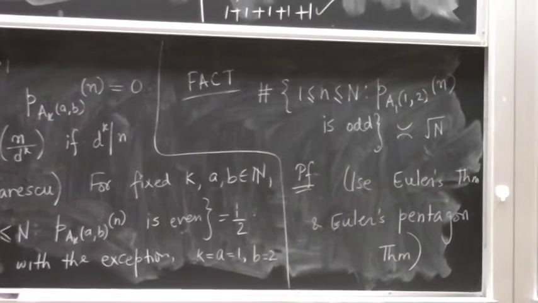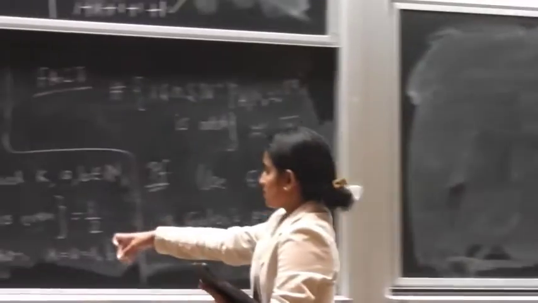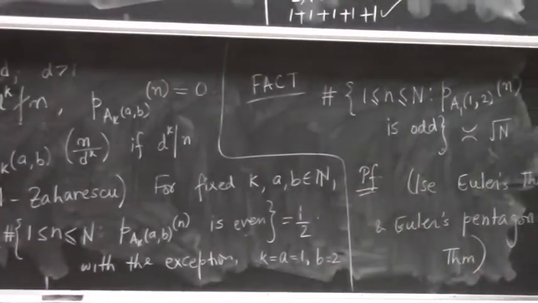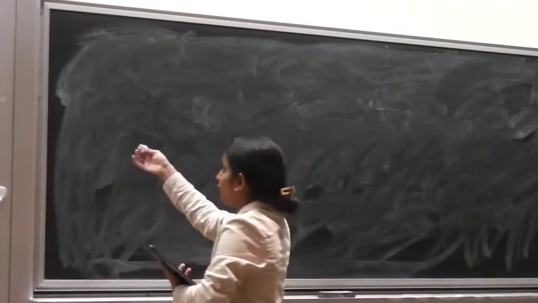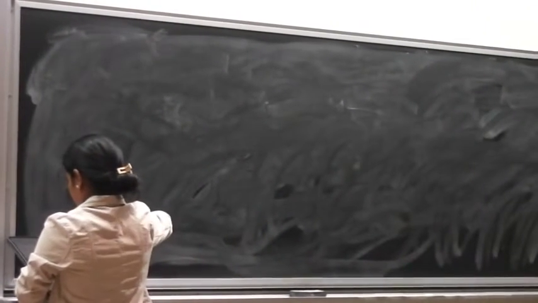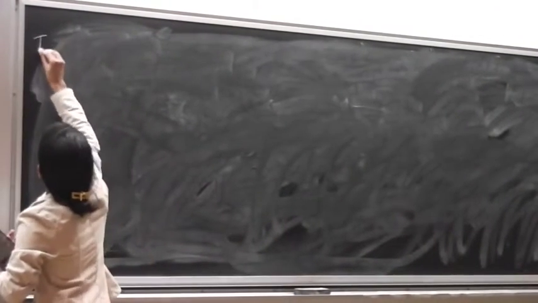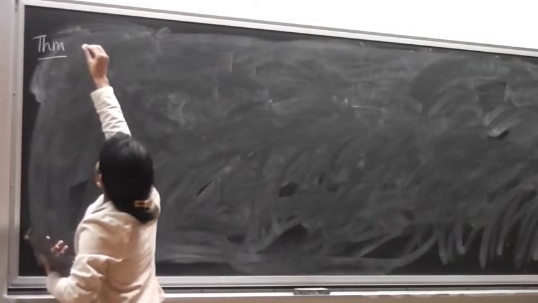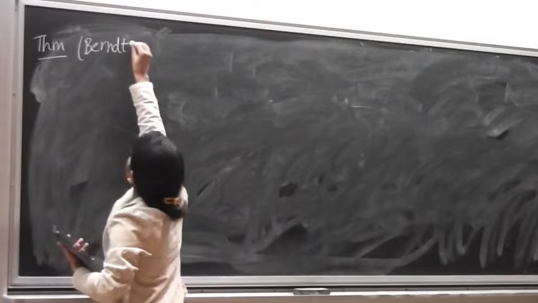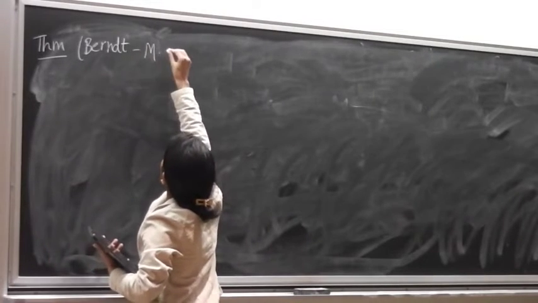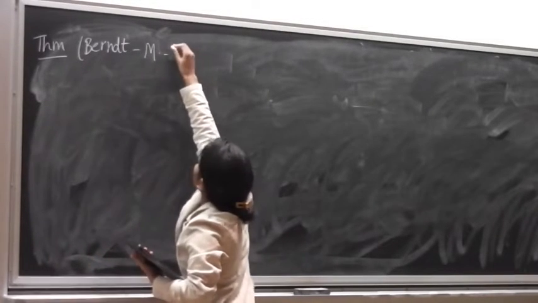Alright, so now we move on to the case when it's not an exception. What can we say? Can we say that they are odd infinitely often, for example? This is again a result with Bruce and Zaharescu.